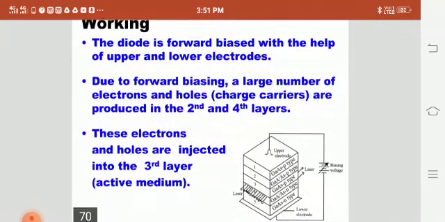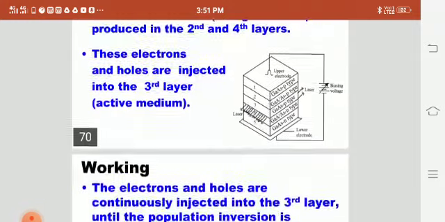Now we'll see the working of heterojunction laser. The diode is forward biased with the help of upper and lower electrodes, that is anode and cathode. Due to forward biasing, a large number of electrons and holes are produced in the second and fourth layers, that is in the p-type and n-type layers. These electrons and holes are injected into the third layer, that is our active medium.